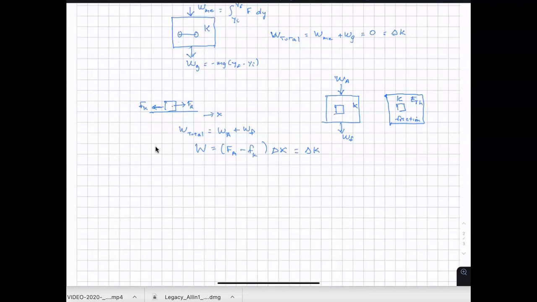So if that's the case, then the work done on the system is done only by the external force, F sub A delta X. And that's equal to the change in the kinetic energy plus a quantity equal to F sub K delta X. And we're going to call this second term the change in the thermal energy.